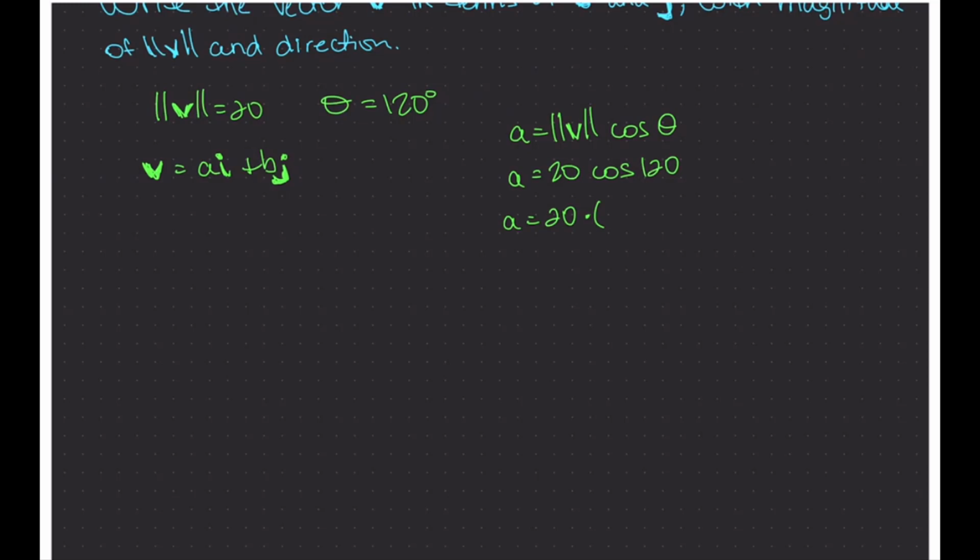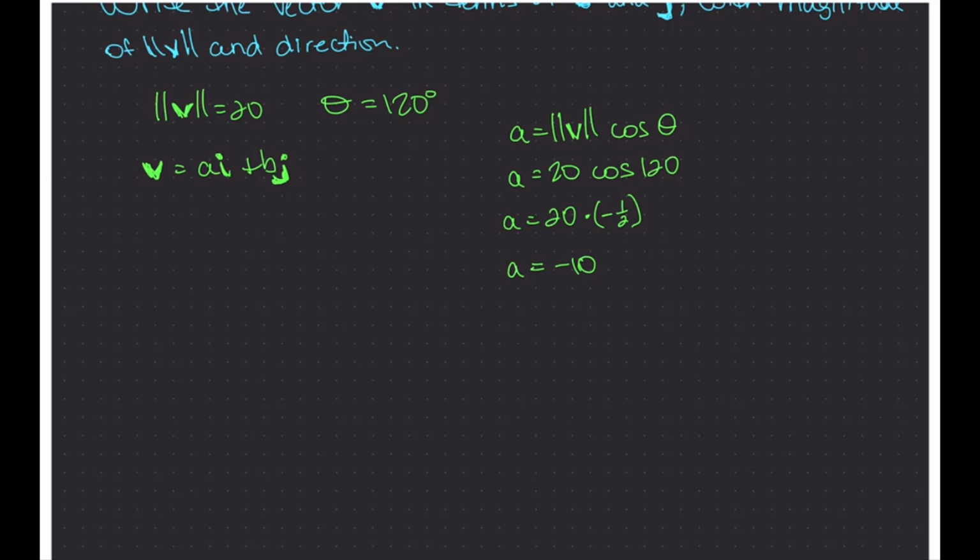Negative 0.5, or negative half, right? So simplify that down. Our A is going to equal negative 10.